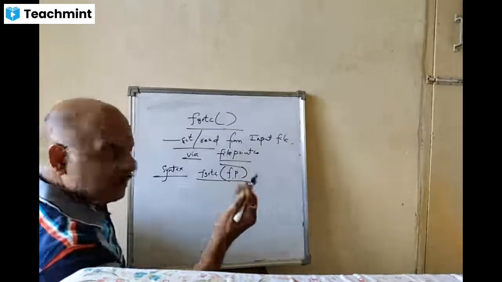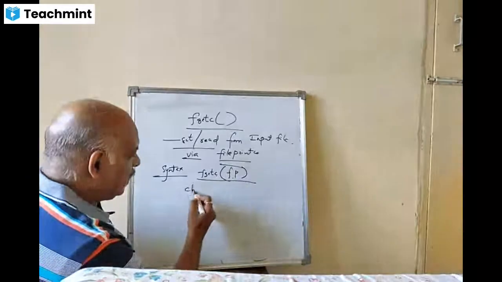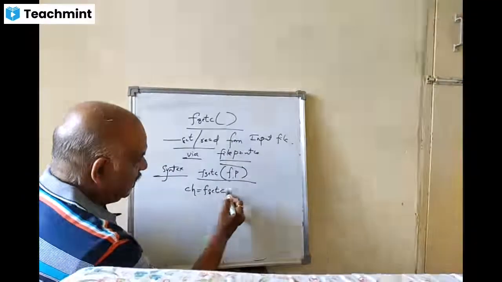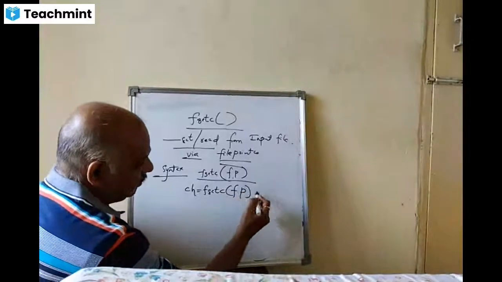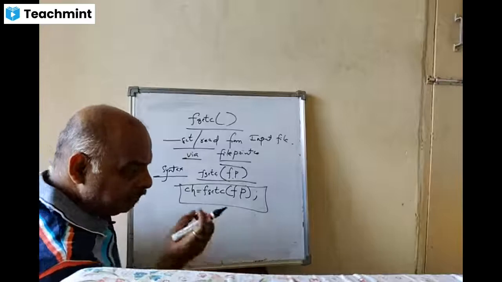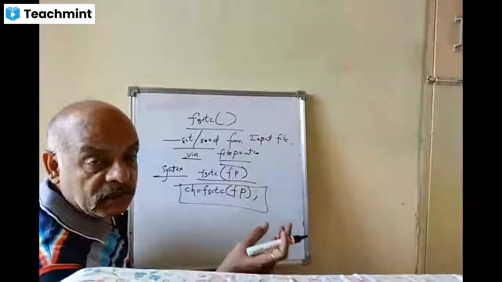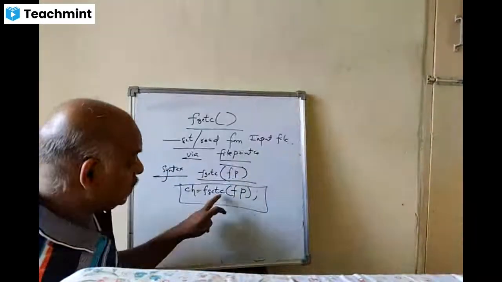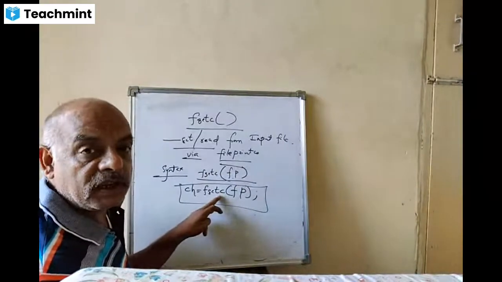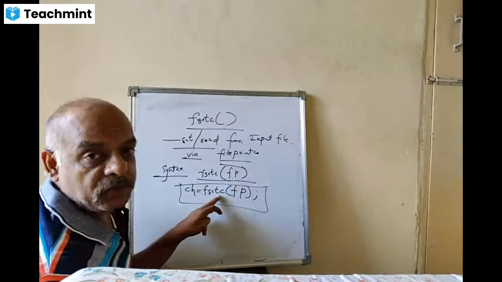Once you read the character, that should be collected. For example, you can write like this: ch = fgetc(fp). You have to open the file in read mode, that is the input file.